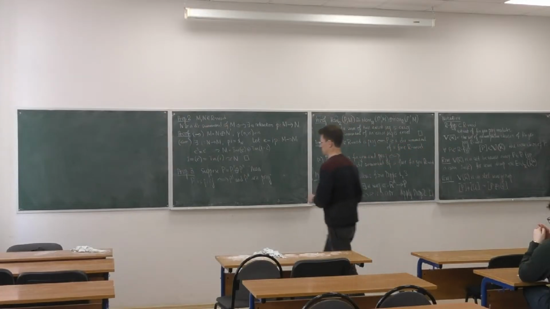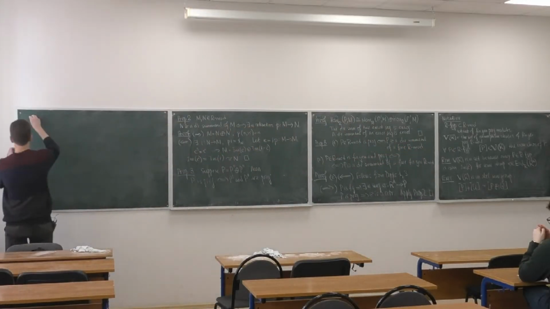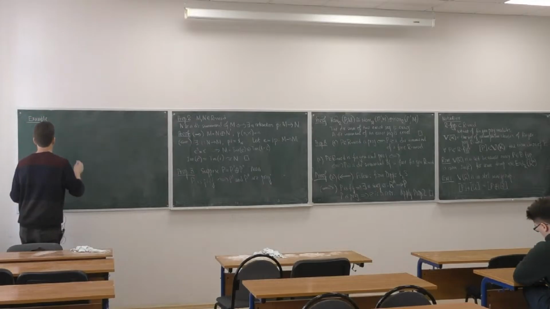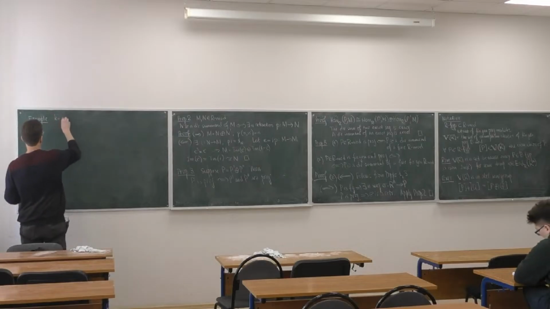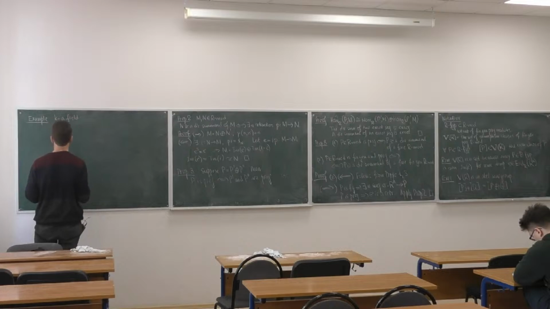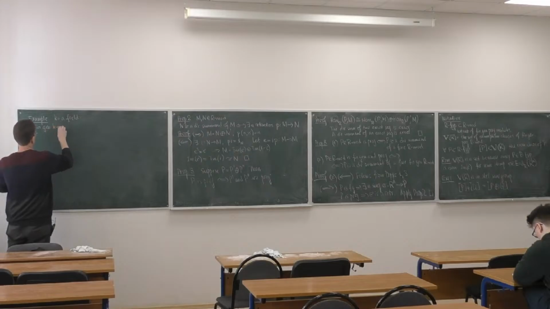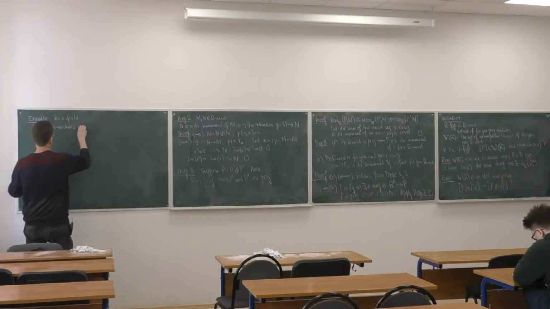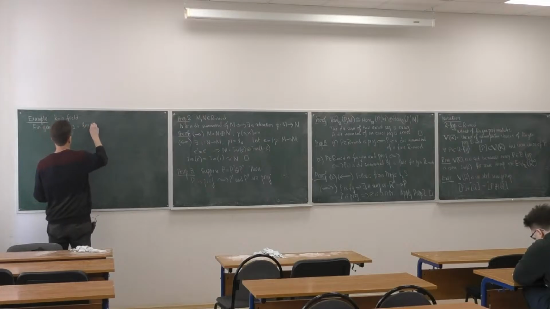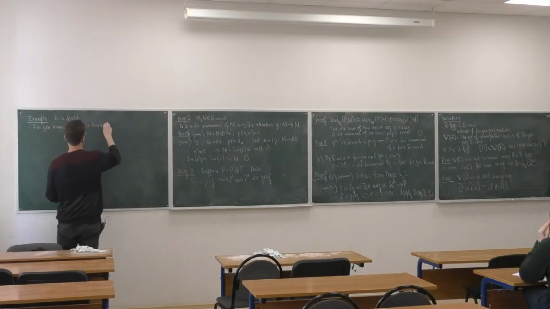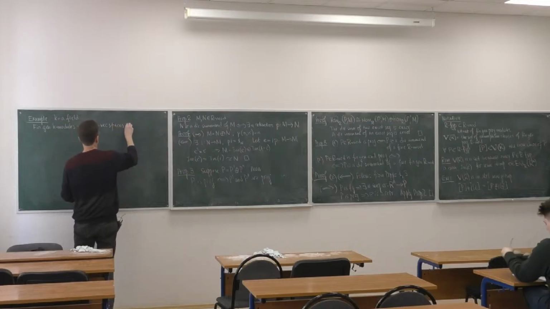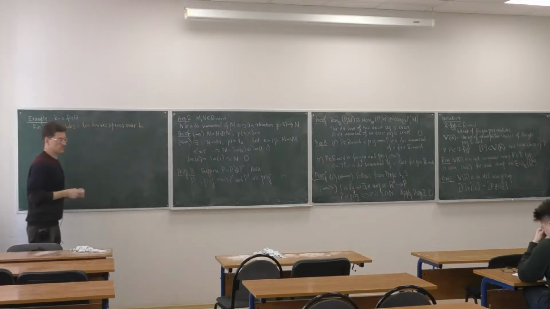Well, let's look at some simple examples. If K is a field, then we know from elementary linear algebra that finitely generated K-modules are just finite dimensional vector spaces over K. And of course, all of them are free.